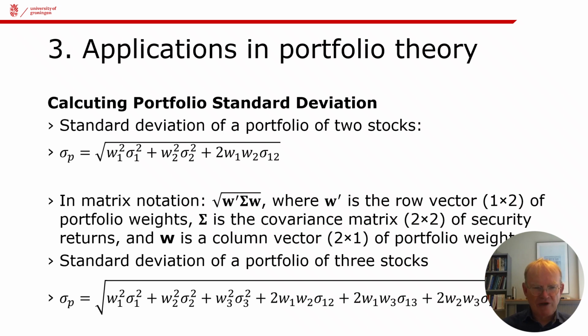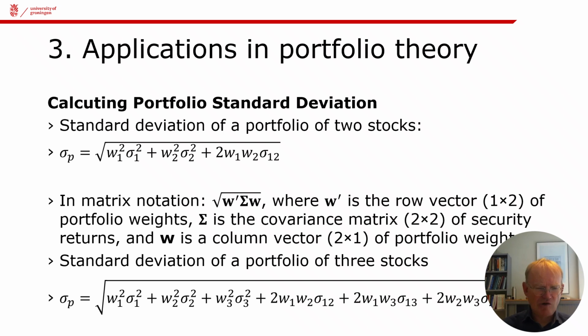So let's try to apply this in portfolio theory. When you want to calculate the standard deviation of the returns of a portfolio of two stocks, you would simply use this equation. The standard deviation of the portfolio is equal to the square root of the portfolio weight of security 1 squared times its variance, plus portfolio weight 2 squared times its variance, plus 2 times weight 1 times weight 2 times the covariance between 1 and 2.